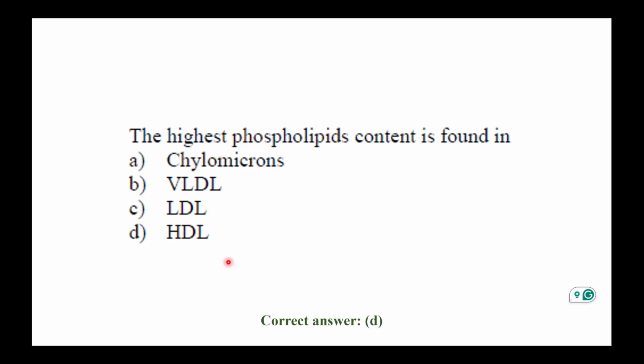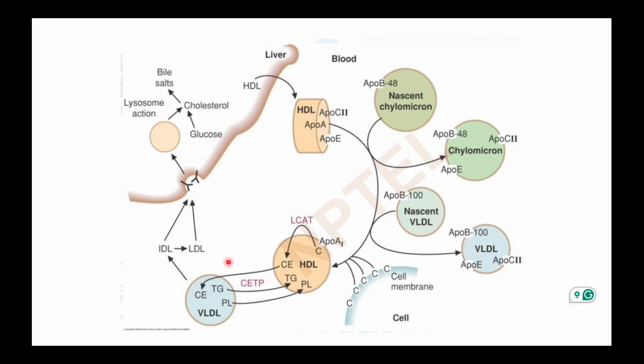HDL is a small particle with high density, and it has the highest amount of phospholipids present. So this is an overview of the whole lipoprotein metabolism. This is the HDL.